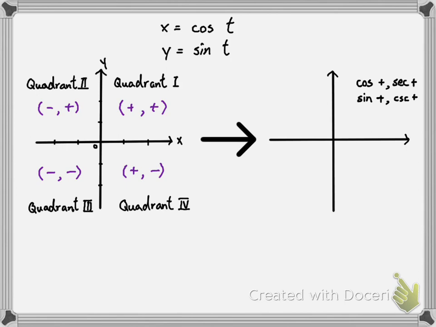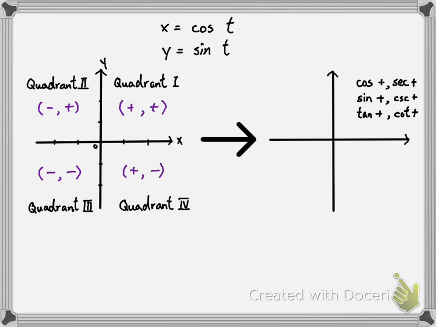Tangent is opposite over adjacent, y over x. A positive number over a positive number, the outcome will also be positive. If tangent is positive, cotangent would also be positive.